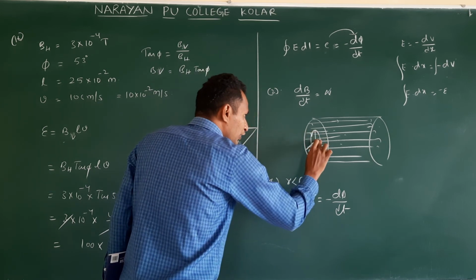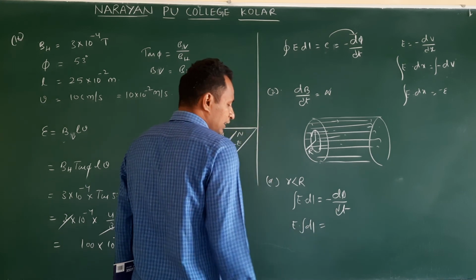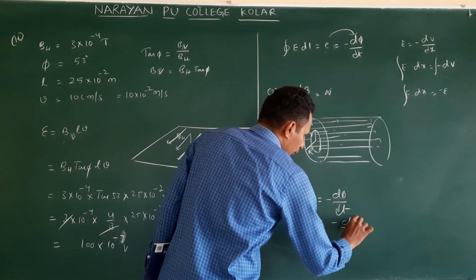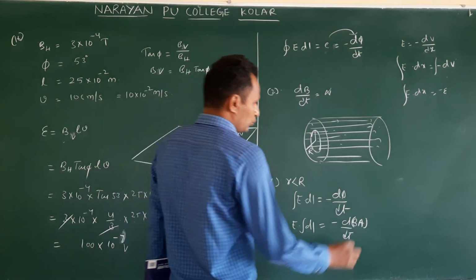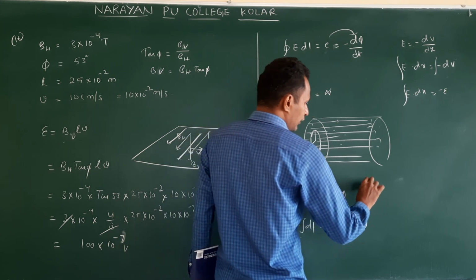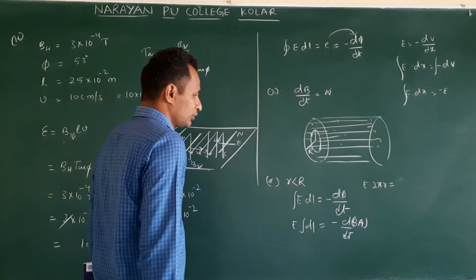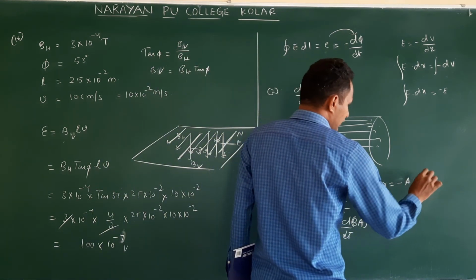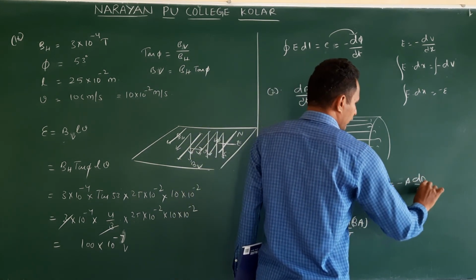So if we integrate, write another step: E dot dl equals minus d by dt of B into A. Now I am writing E into 2 pi r is equal to minus A is constant, the magnetic field is changing, dB by dt.